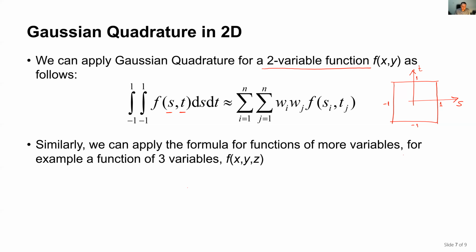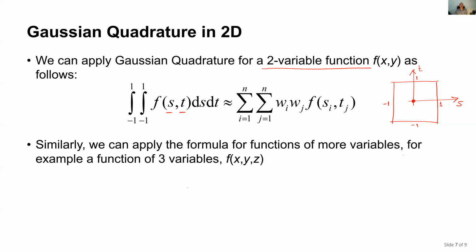And again, we apply the very same formulas, but now we work in two dimensions. So for example, in this case, if I want to apply a one-point rule, I will take only the 0,0 point here.